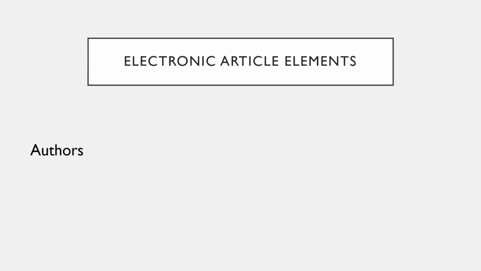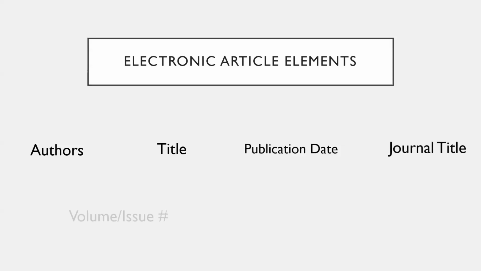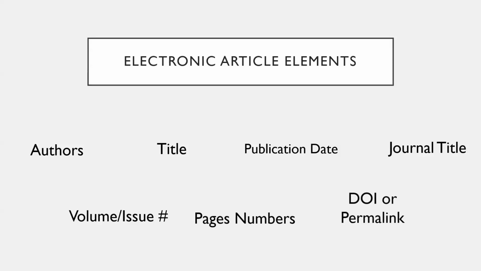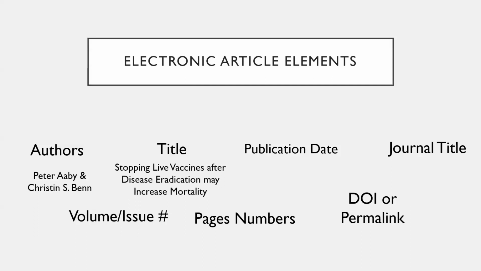You have authors again, the title, publication date, journal title, volume and issue number, page number, DOI or permalink. For my example, I have my authors, Peter Aaby and Christine S. Benn. Title: Stopping Live Vaccines After Disease Eradication May Increase Mortality.